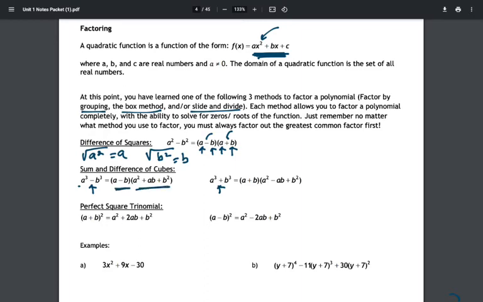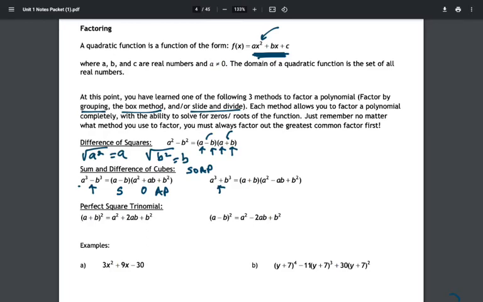And then we use the acronym SOAP to help us get the signs that go between each of the terms. So in this example, this is the same sign, this is opposite, and this is always positive. And then how you get those numbers in the trinomial, both the binomial and the trinomial, let's just do an example.